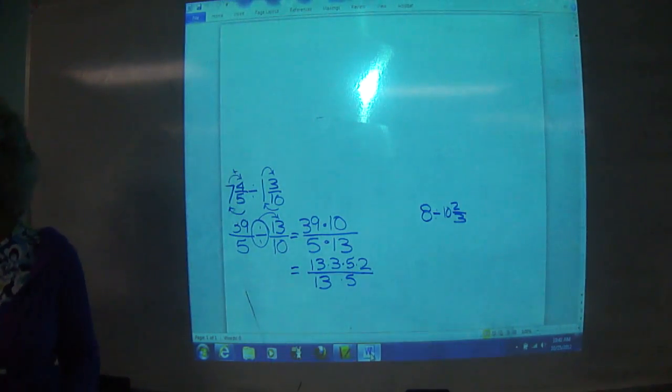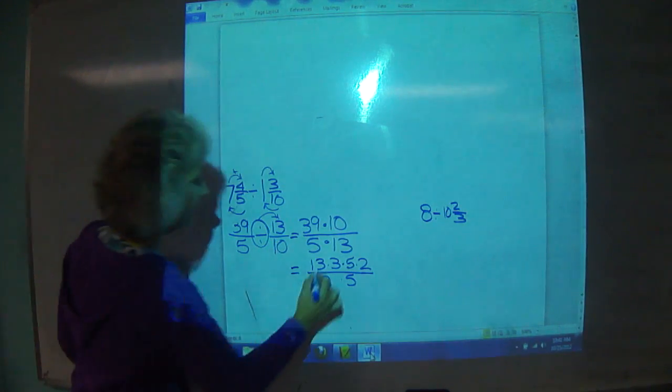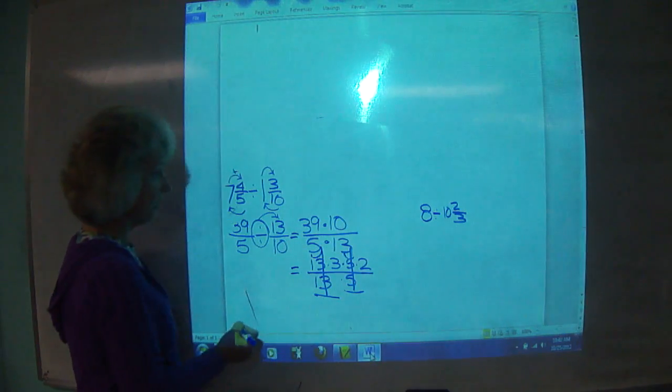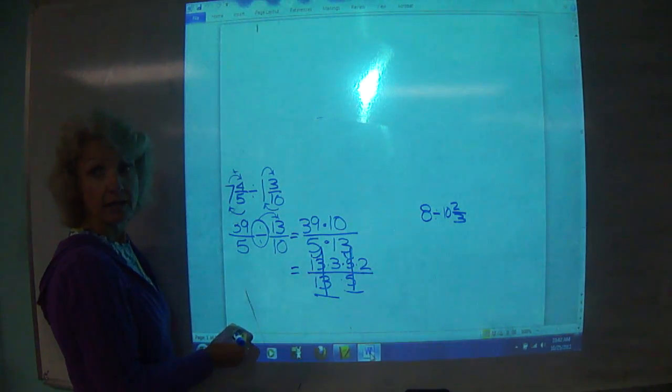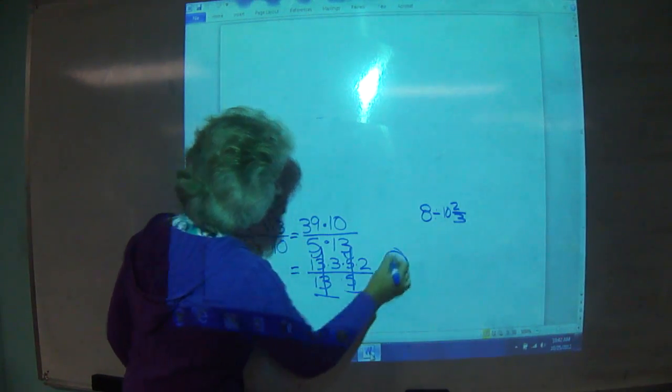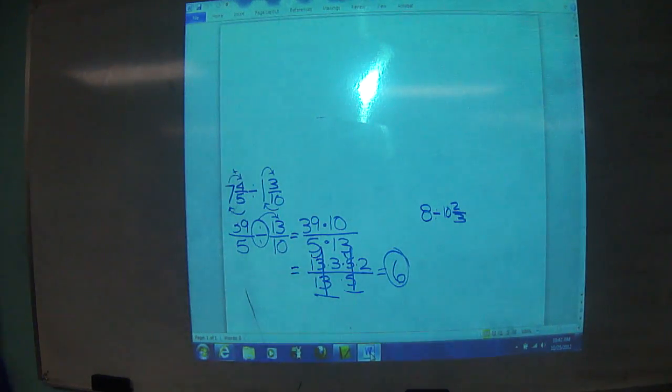Do you see any big ones? 13 and 5, right? There's one, there's one, and what's our answer, guys? 6, just 6, plain old 6. 3 times 2 is 6. Pretty straightforward? Good.